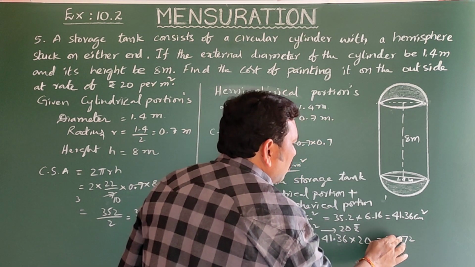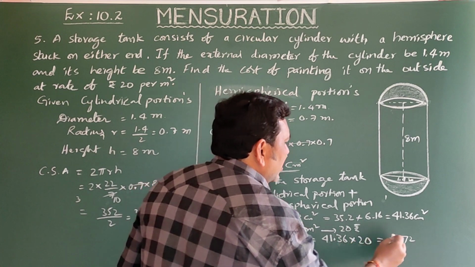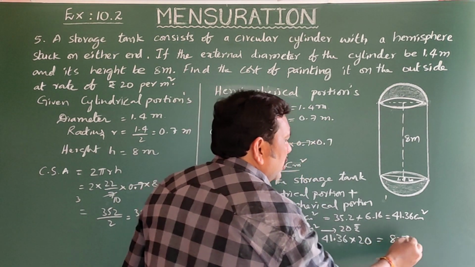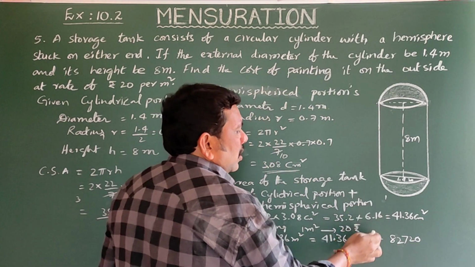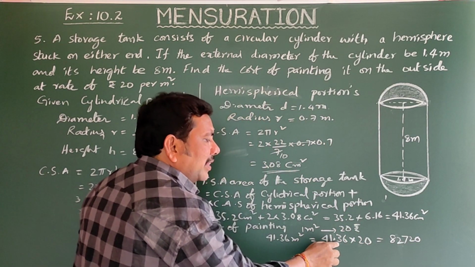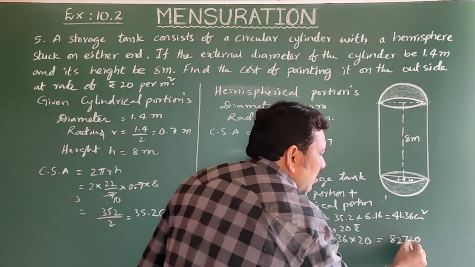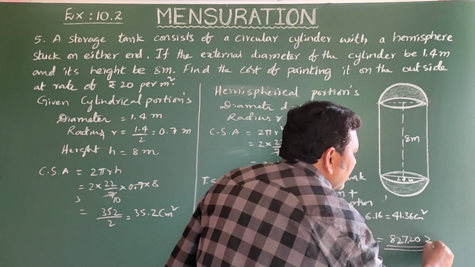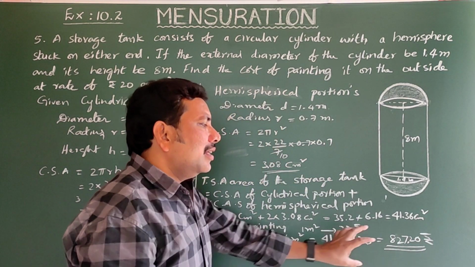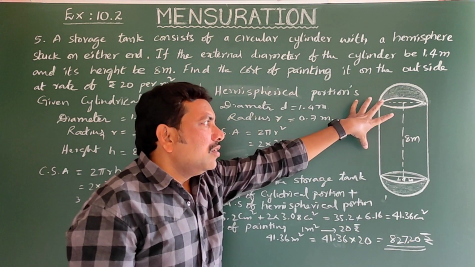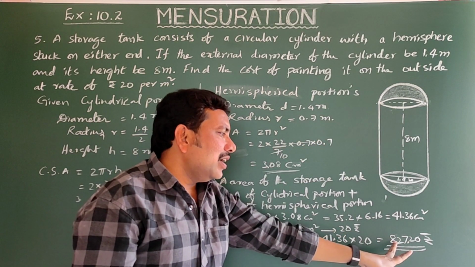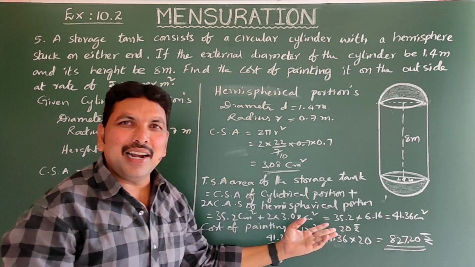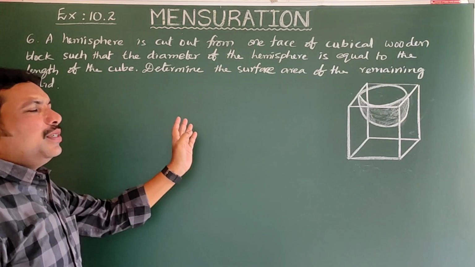Don't put the point now. 2 1s are 2, 2 4s are 8. Next 0, put 0. After the point there are 2 digits, so before 2 digits we have to keep the point. So 827 rupees 20 paise. The cost of painting the whole storage tank is 827 rupees 20 paise. Understood clearly? Now the sixth question.